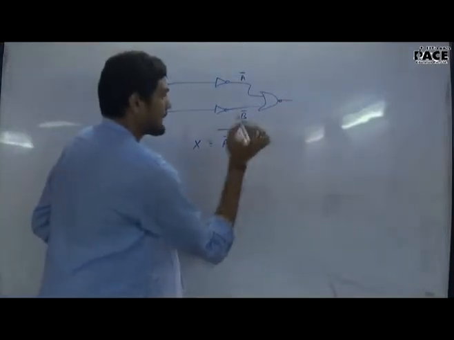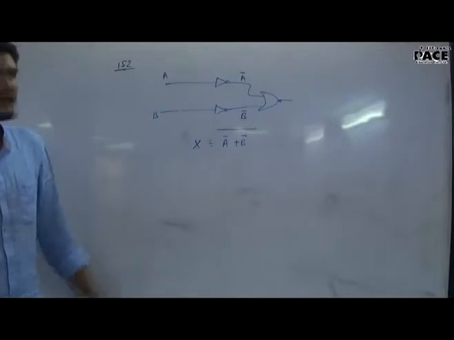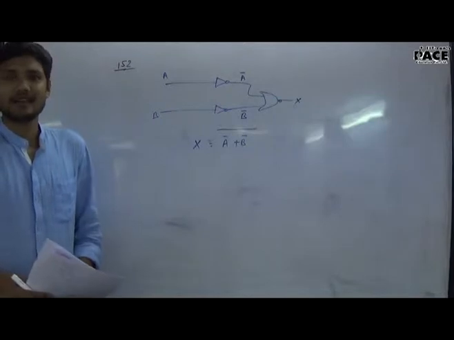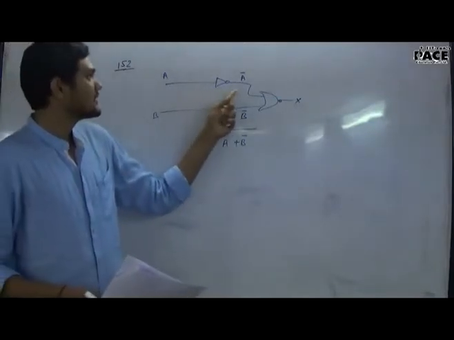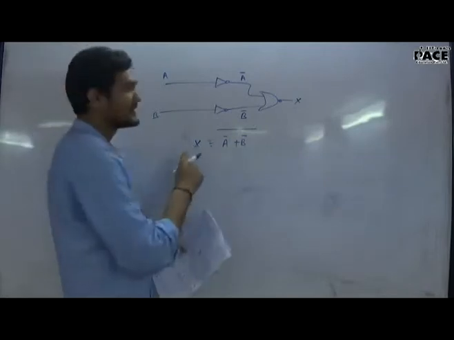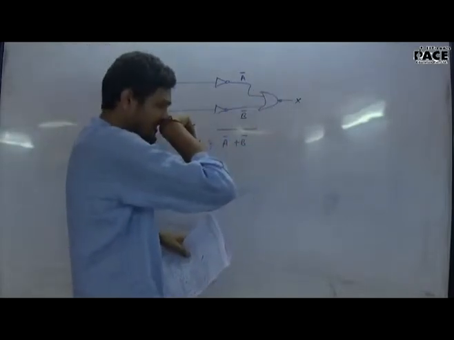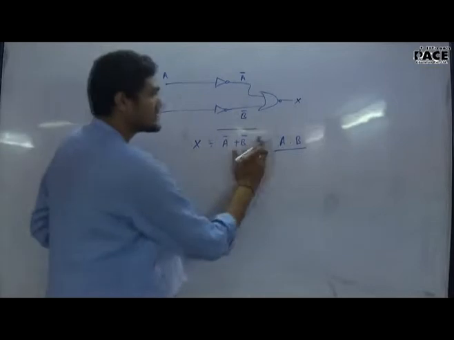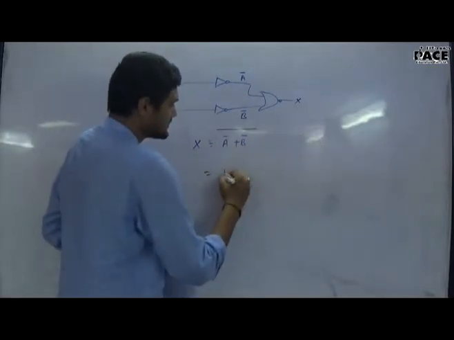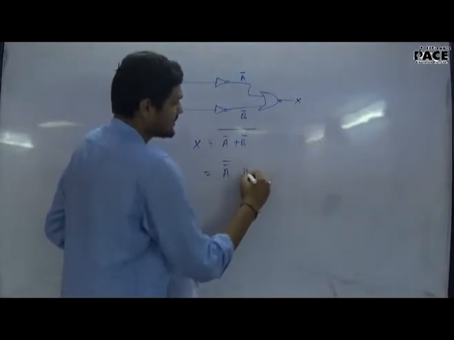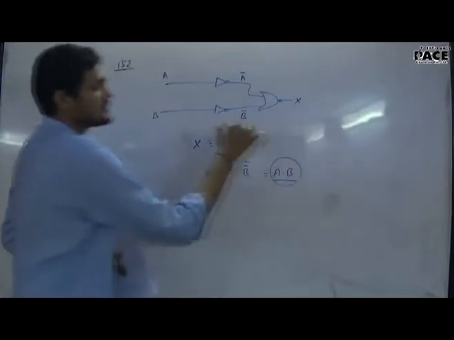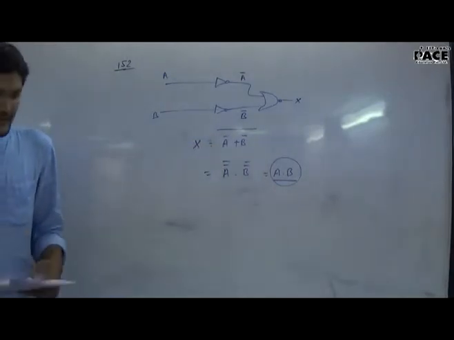Let's call this output X. After the NOT gates it becomes A bar and B bar, and after the NAND gate, from De Morgan's theorem, it becomes A bar multiplied by B bar, whole bar, and that is nothing but A dot B. So this representation is an AND gate.